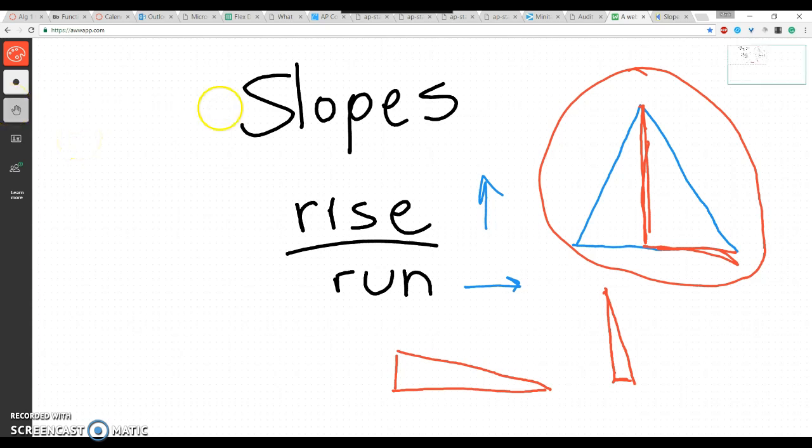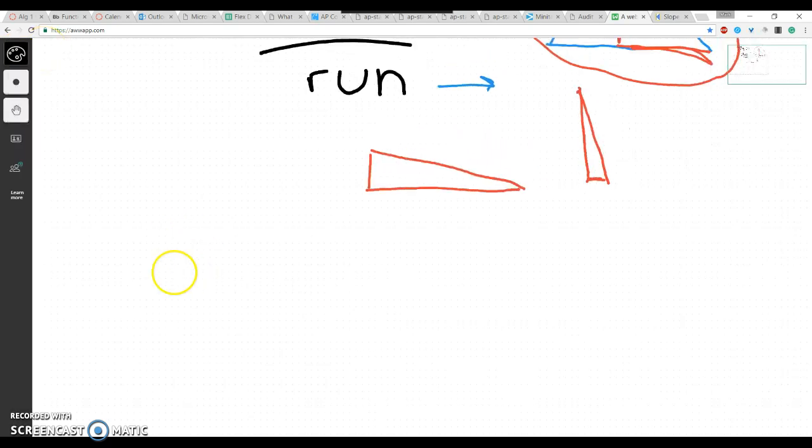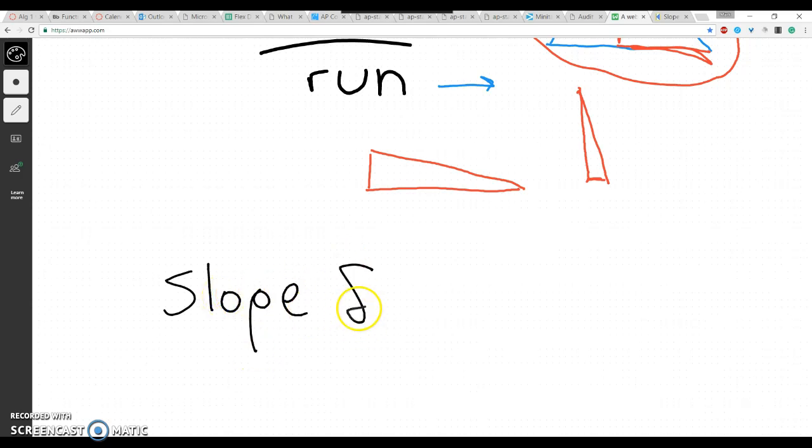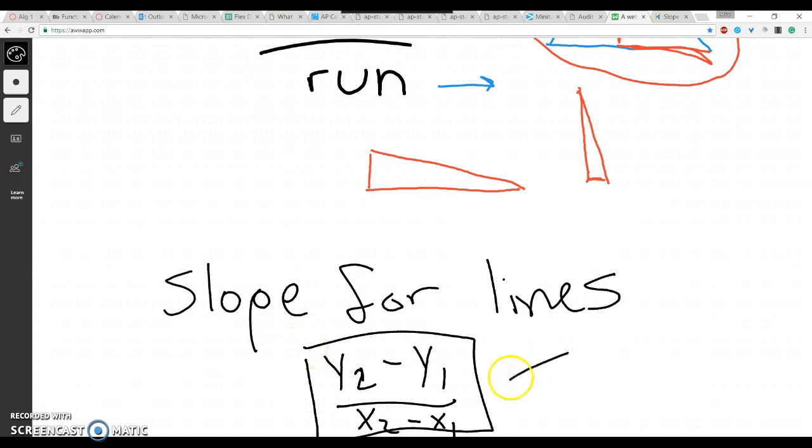But if you want to use this to find slope for lines, this is only in slope for lines, you can use y2 minus y1 over x2 minus x1. And that's kind of how you can find the slope between 2 points. And it will give you the same thing as if you approximate.